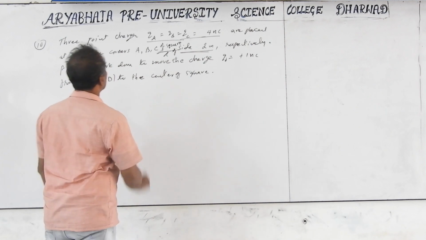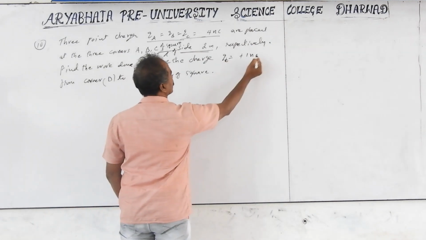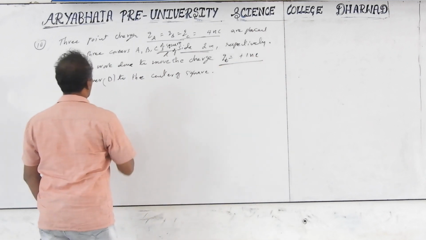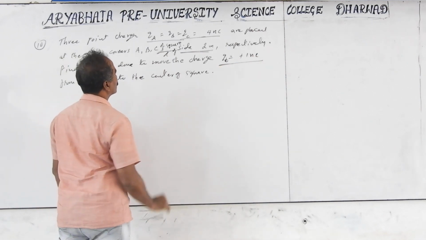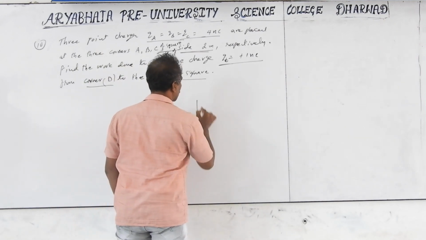Find the work done to move the charge Q0 equal to 1 nanocoulomb from corner D, the fourth corner, to the center of the square. So you take this square.